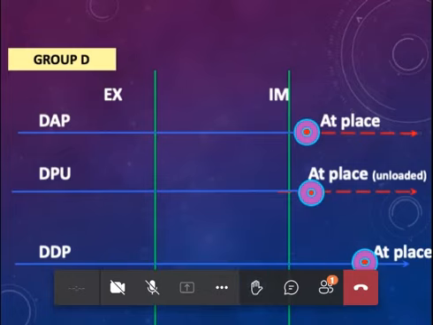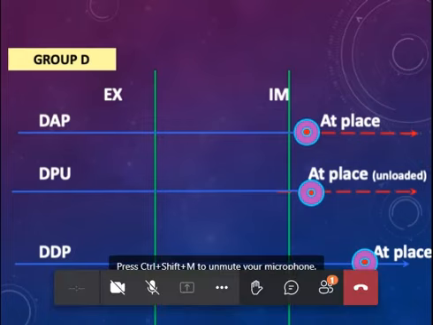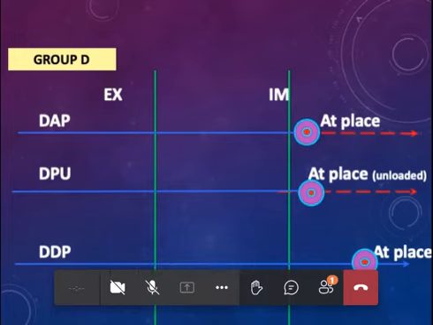I think in Group D, the delivery point moves from the seller to the buyer. You mean the delivery points move from the seller's country to the buyer's country, right? It can be clearly recognized that the purple circle moves from the seller premise, the seller country, to the buyer's country. Here. Anything else?